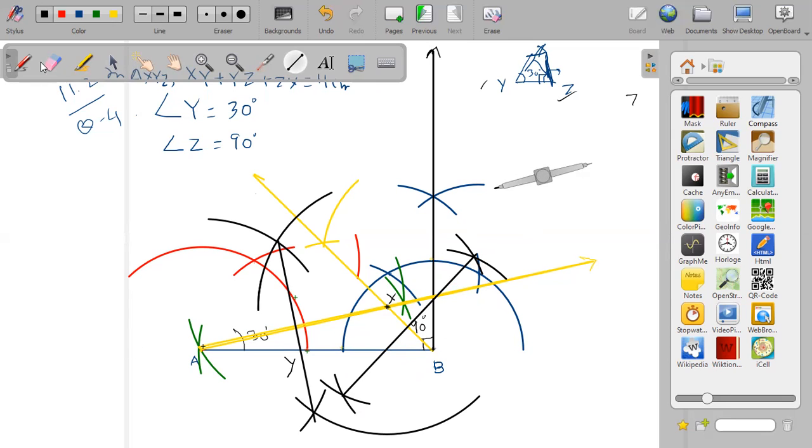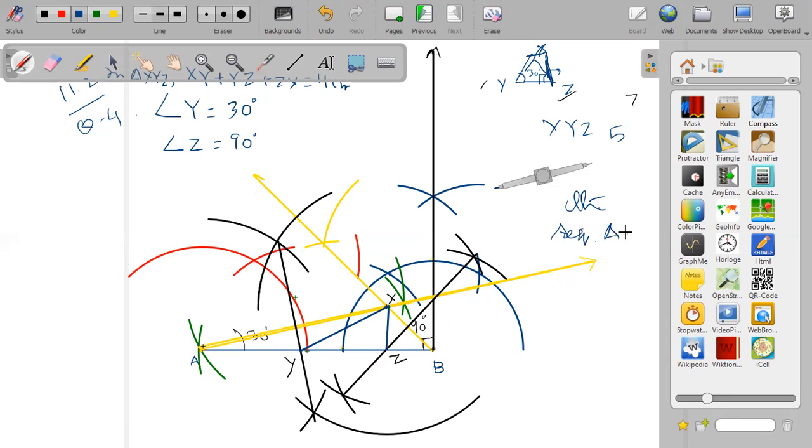That's all. Now this is your Z point. So XYZ is the required. Now XYZ is your triangle, joining XY, and X to Z. Now you can see automatically you will get 90 degrees. So XYZ is the required triangle.